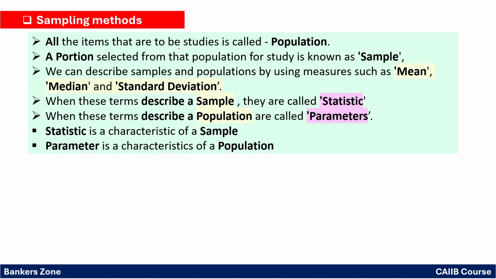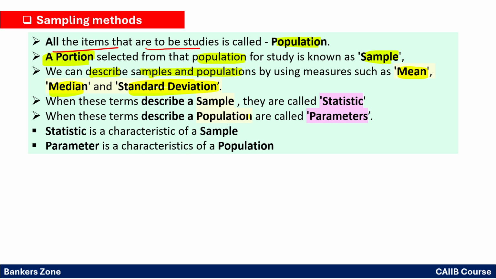Now see in detail. All the items that are to be studied are called the population. A sample is a portion selected from the population for the study. We can describe the sample and the population using measures like the mean, median and standard deviation. We will discuss it in detail later.